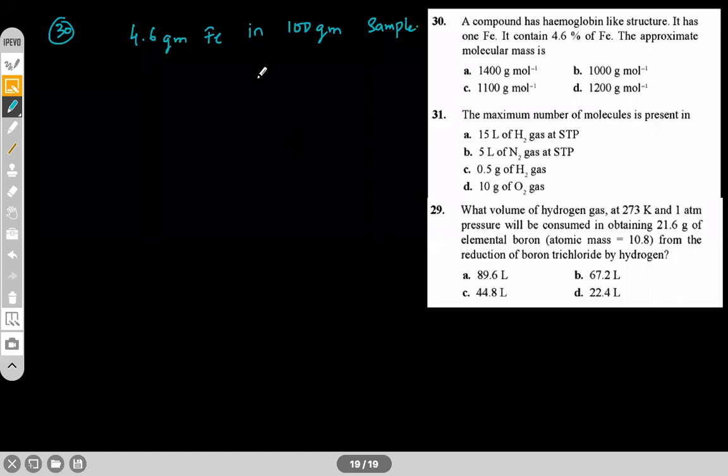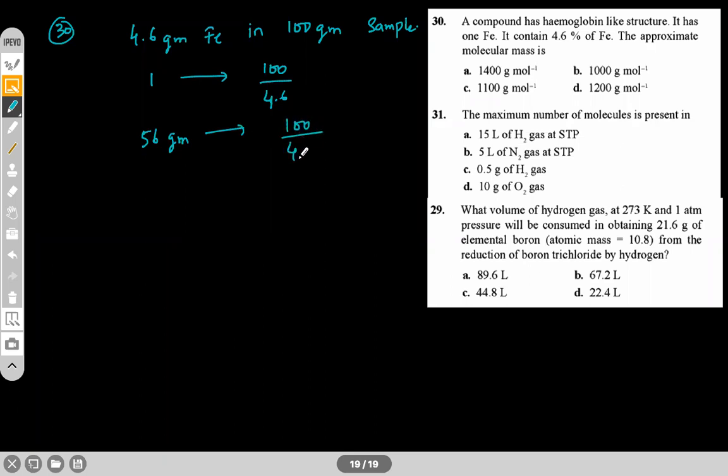And since one Fe is there, the total mass of Fe in the original sample should be 56. So for 56 gram, which is the atomic mass of Fe, the mass of the sample should be this, which you will get as 1217 gram per mole.